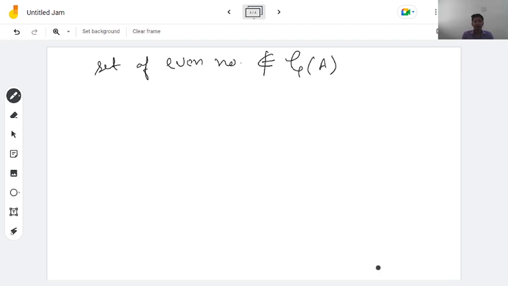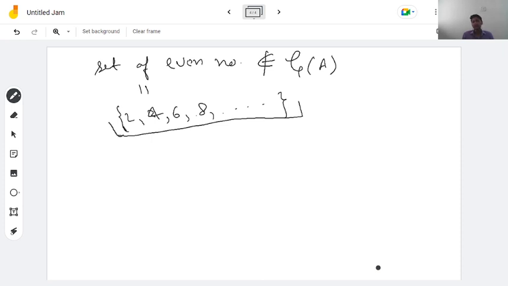Because the set of even numbers is 2, 4, 6, 8, and so on, which is infinite. And these infinite sets cannot be there, because we just have singleton sets right now. We know that the finite union should be there, but this is an infinite union. Therefore, even numbers will not be there.